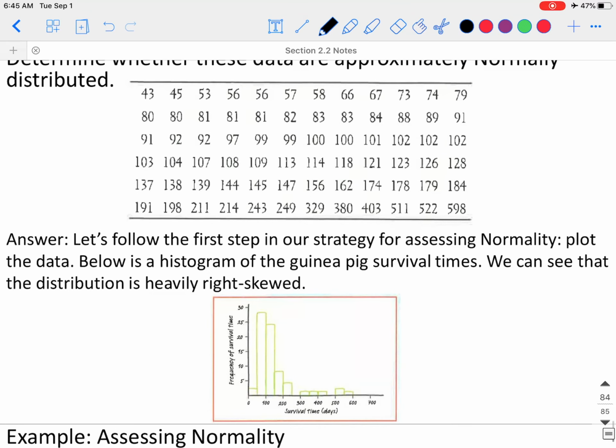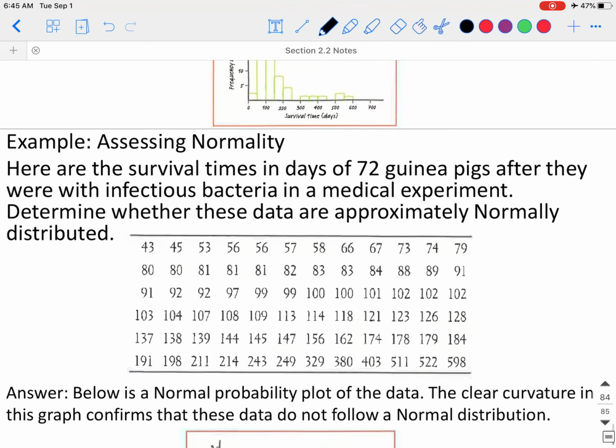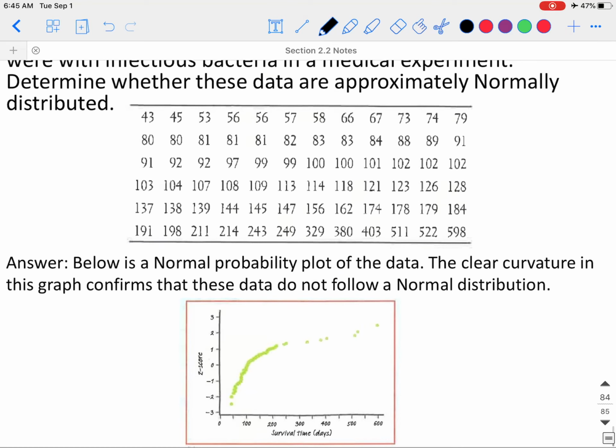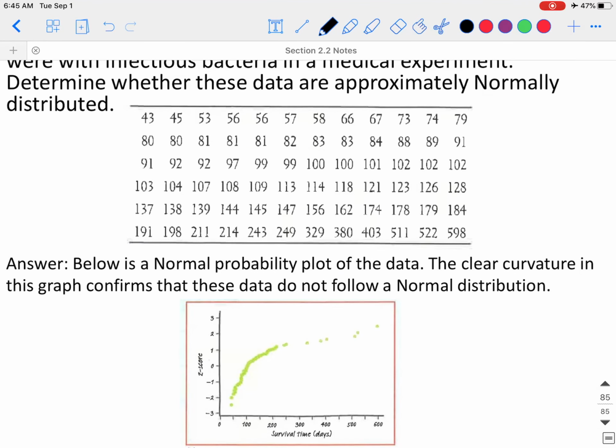If we plot this, we can see that the survival of the guinea pigs is heavily skewed to the right. If we plot this in a probability plot, there is a clear curvature to the graph, which confirms that this does not follow a normal distribution.